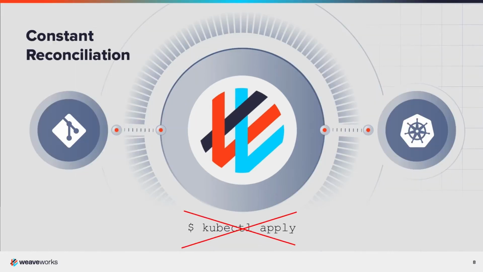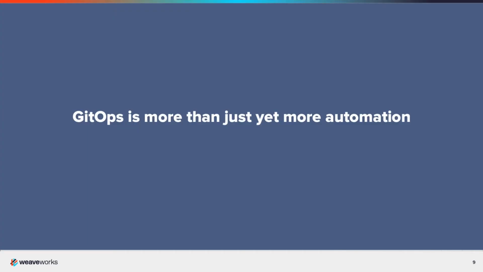Weave GitOps continually reconciles the desired state, stored in Git, with the actual state, running in Kubernetes. When a change is merged into the monitored branch, those changes are immediately applied to Kubernetes. Conversely, any change manually applied to Kubernetes is automatically reverted back to the single source of truth in Git. Configuration drift is eliminated.